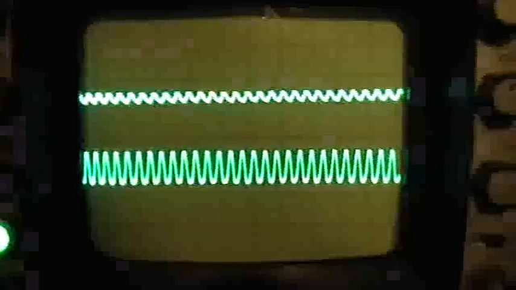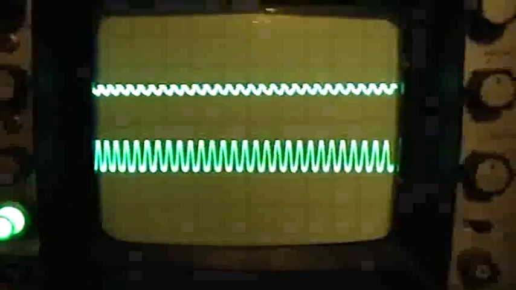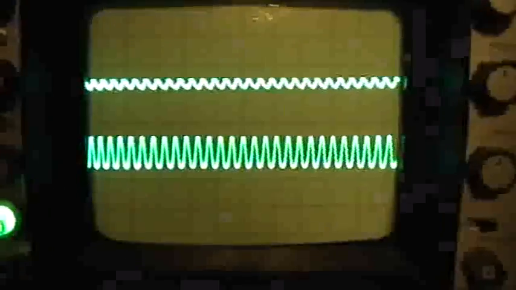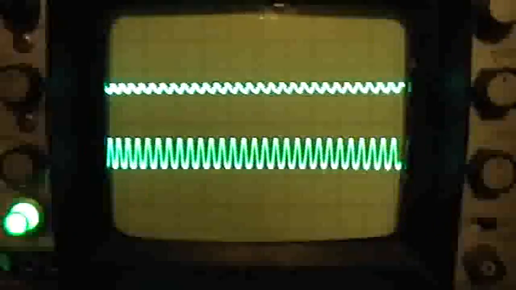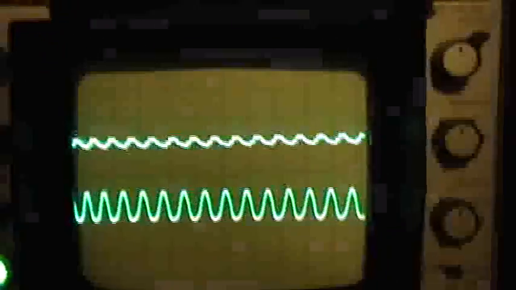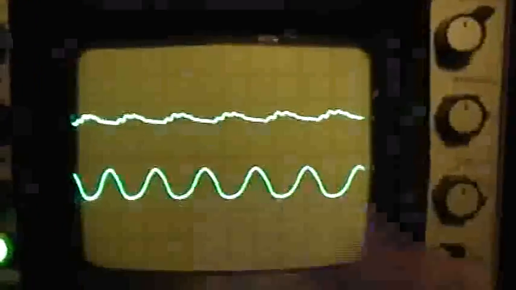So doing that math, you'll come out to 2.4, 2.5 megahertz, something like that. Alright, and notice how beautifully sinusoidal appearing those are. There's not really very much distortion on that oscillation.